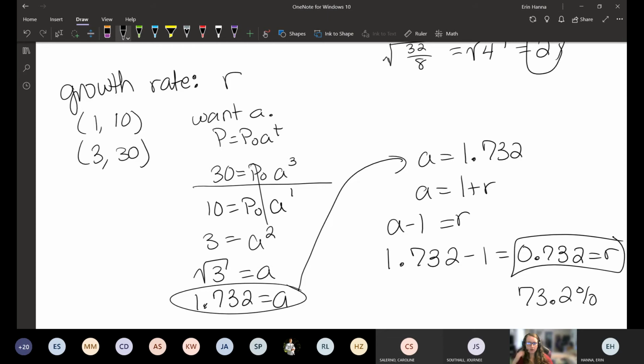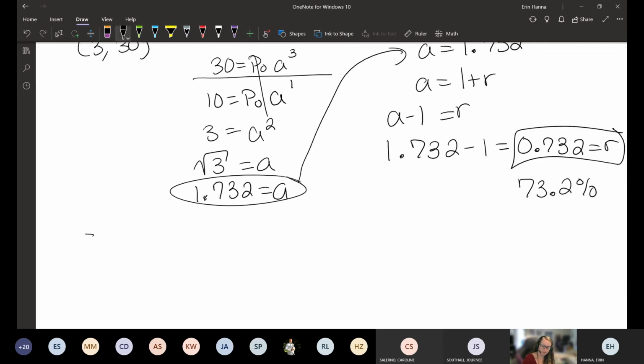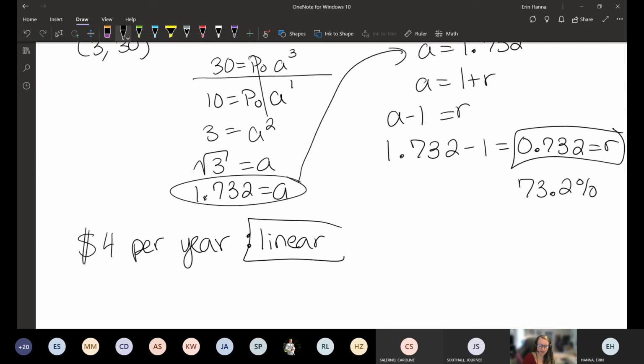In terms of the other part of your question, growing by $4 per year, that one's kind of like the first example from 1.5. If it says $4 per year, this is actually linear. Note that the word rate does not show up there at all. The word continuous rate doesn't show up there at all.